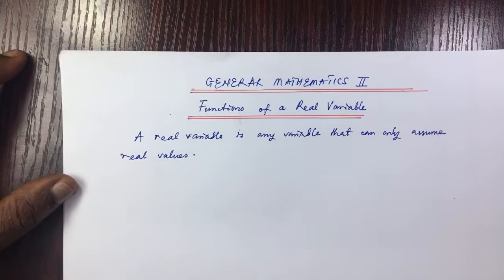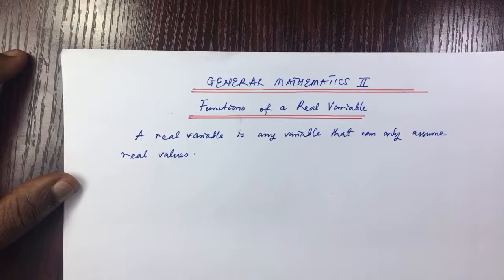Now, what does that mean precisely? If you will check some of my videos on numbers, where I treated rational numbers, natural numbers, integers, and the rest of them, you would come to realize that what is called a real value could be a natural number.